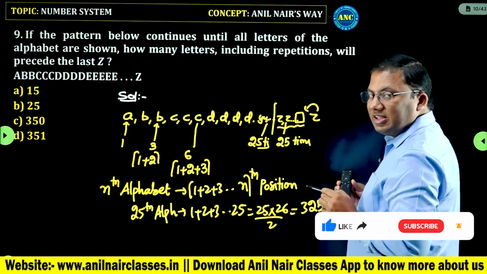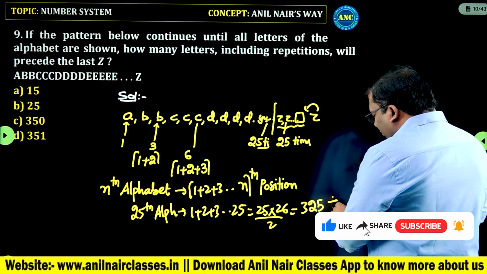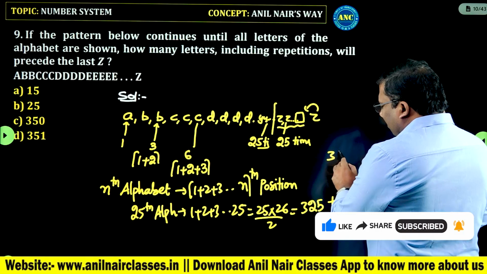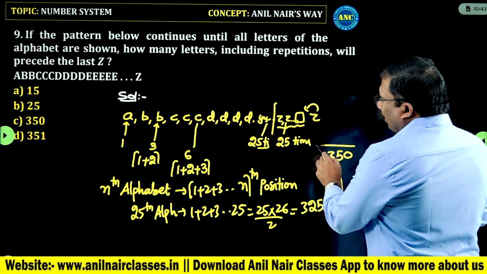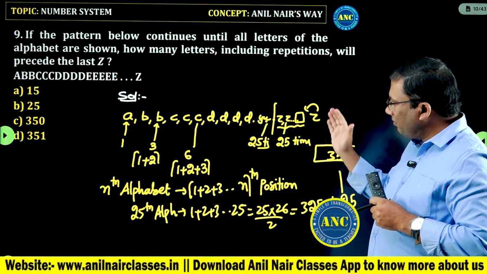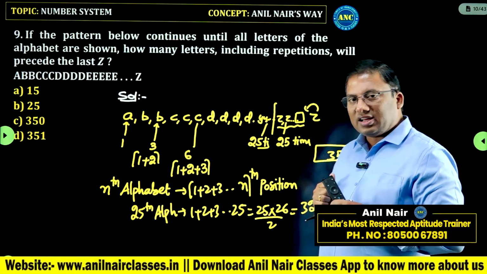Plus Z written 25 times before the final Z: 325 plus 25. So 350 letters are written before Z.